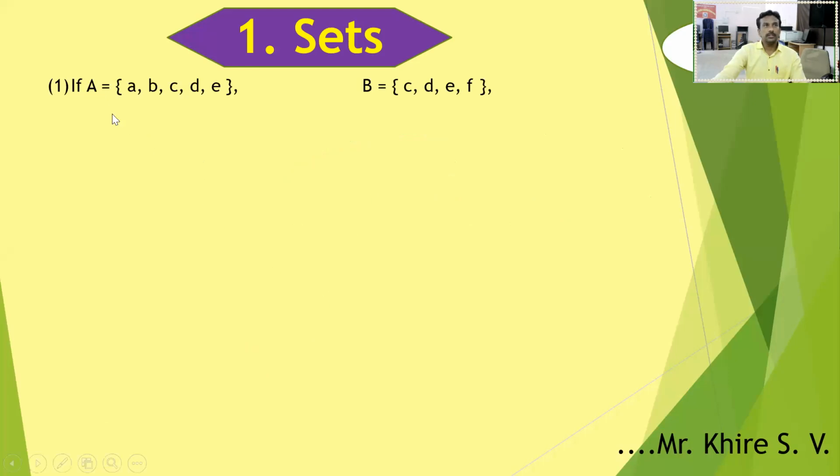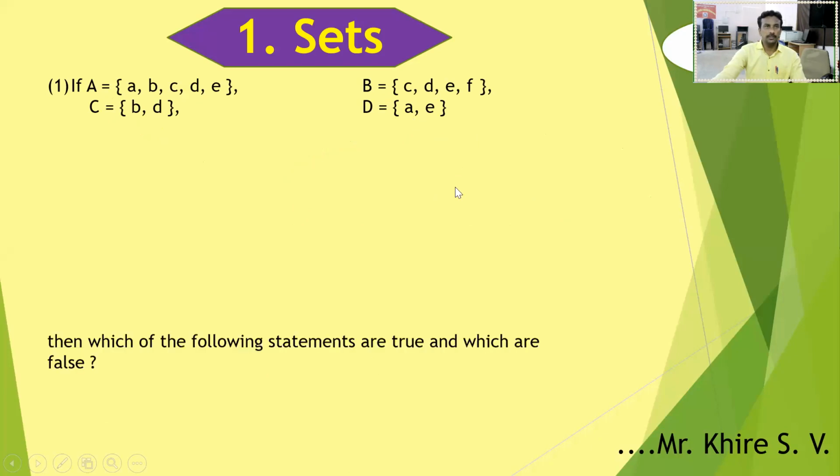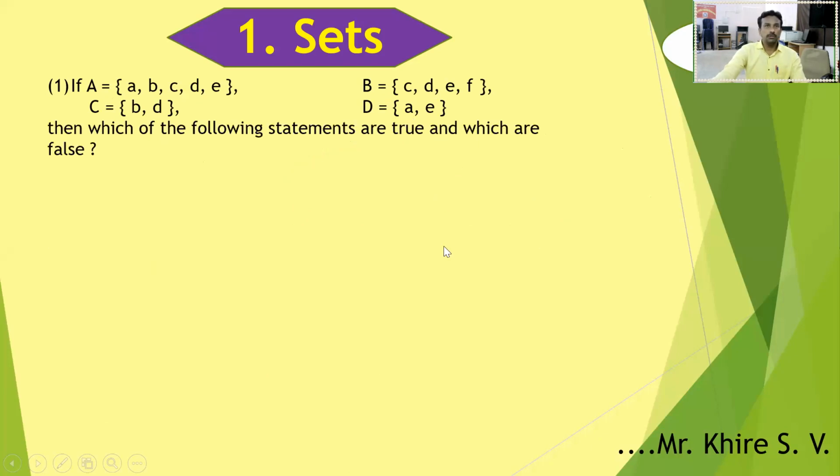Question number 1 is, if set A contains elements A, B, C, D, E, set B contains elements C, D, E, F, set C contains elements B and D, set D contains elements A and E, then which of the following statements are true and which are false?